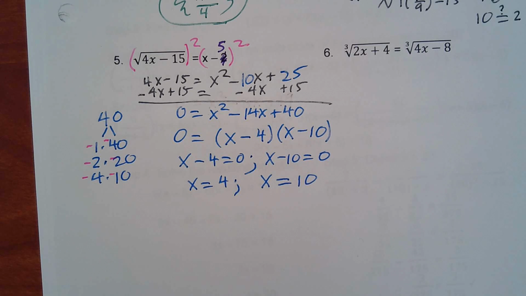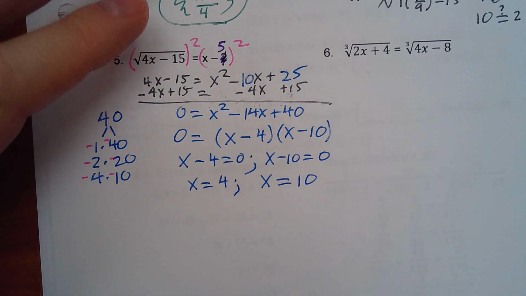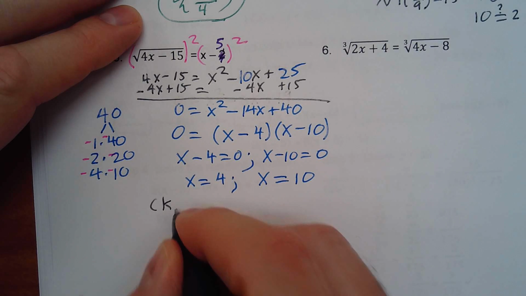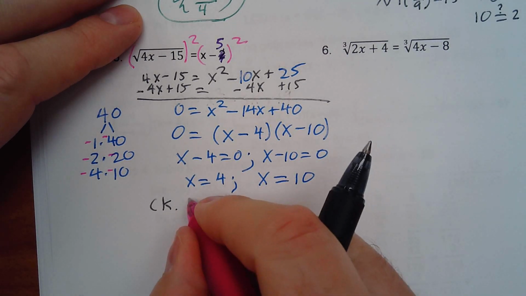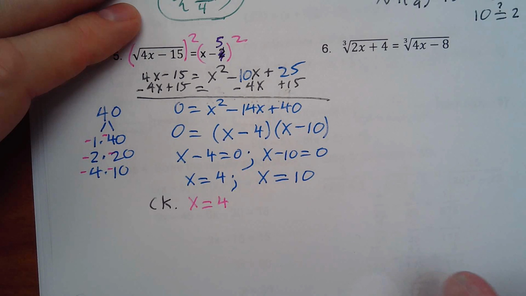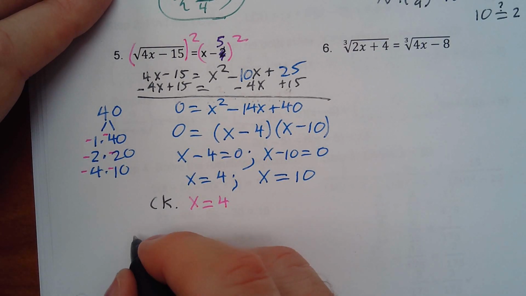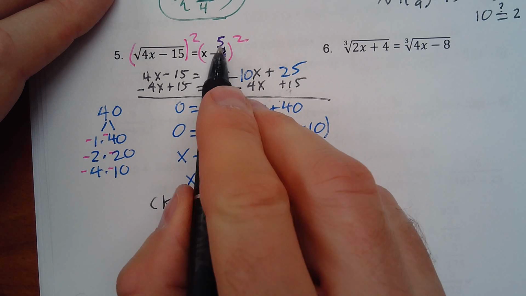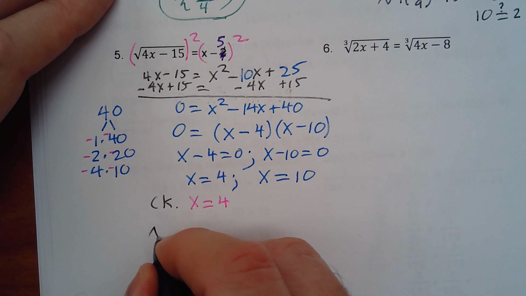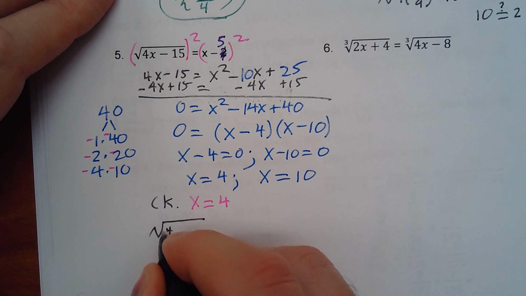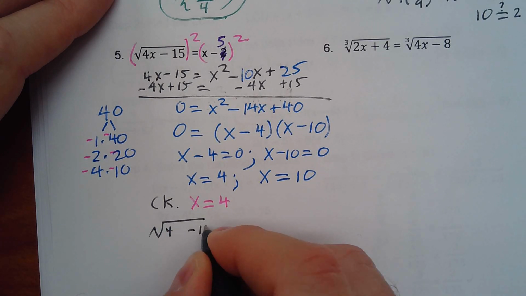So now to check our answer, let's first check x equals 4. So I'm going to go back to my original equation, which should have been x minus 5 here. So we'll go ahead and make that correction.